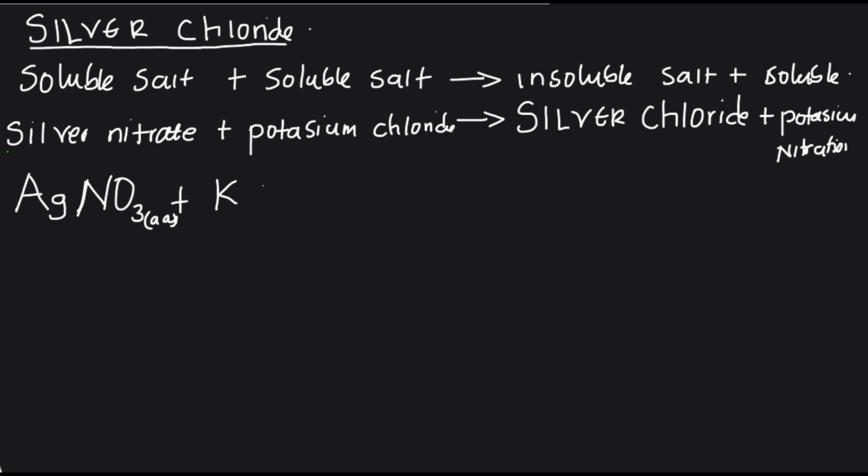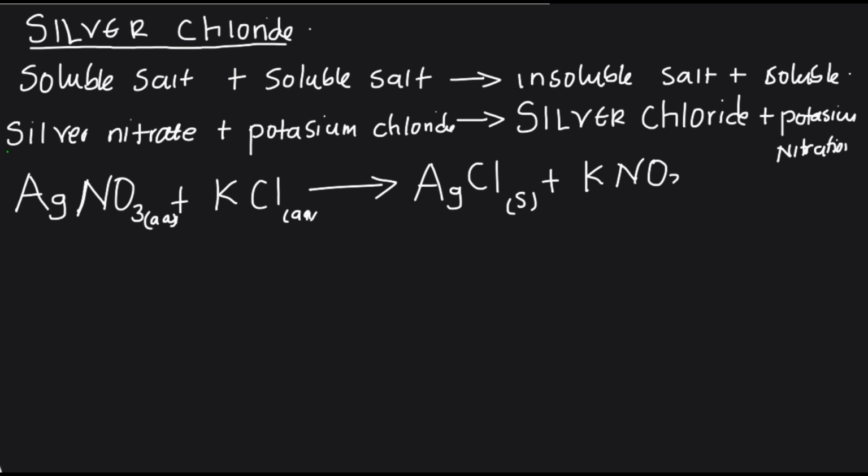Plus potassium chloride, then we are going to have silver chloride solid plus potassium nitrate in aqueous. Now we are lucky that our equation is already balanced. How can you tell that the equation is balanced? Whenever the individual elements that are involved have the same valence number, you may have a balanced chemical equation.